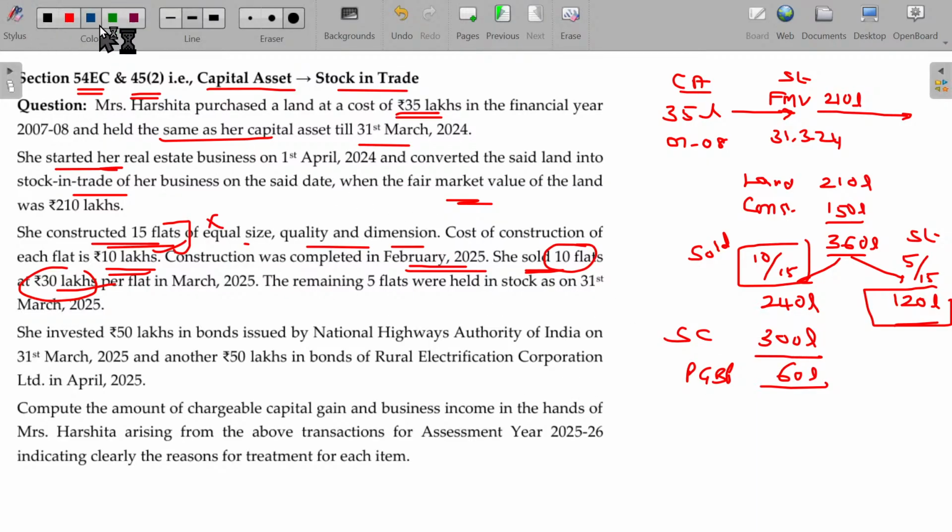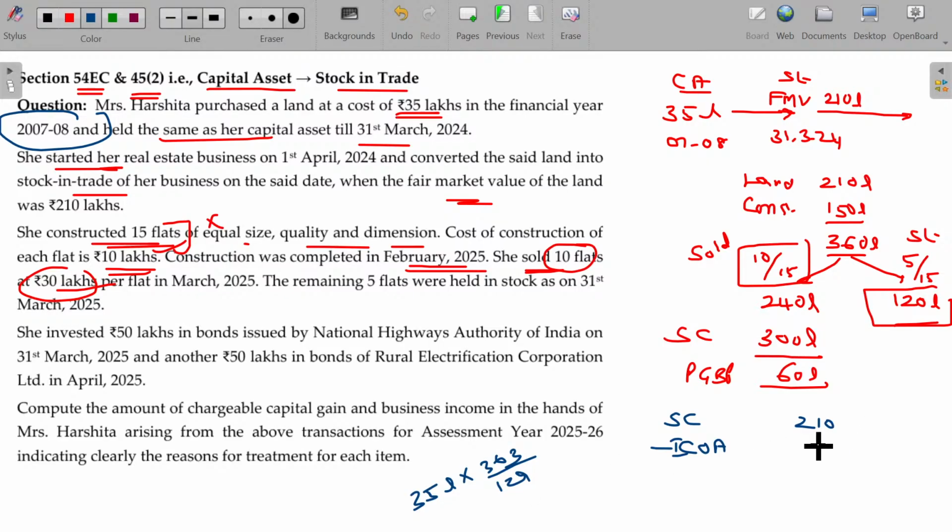What about the capital gain? The sale consideration is the fair market value of the land converted into stock in trade, 210 lakhs, and the difference is taken against the cost of acquisition. Of course, you can go for indexation. Indexed cost of acquisition: 35 lakhs into current inflation index being 363, divided by the inflation index applicable in the year of purchase, 129.